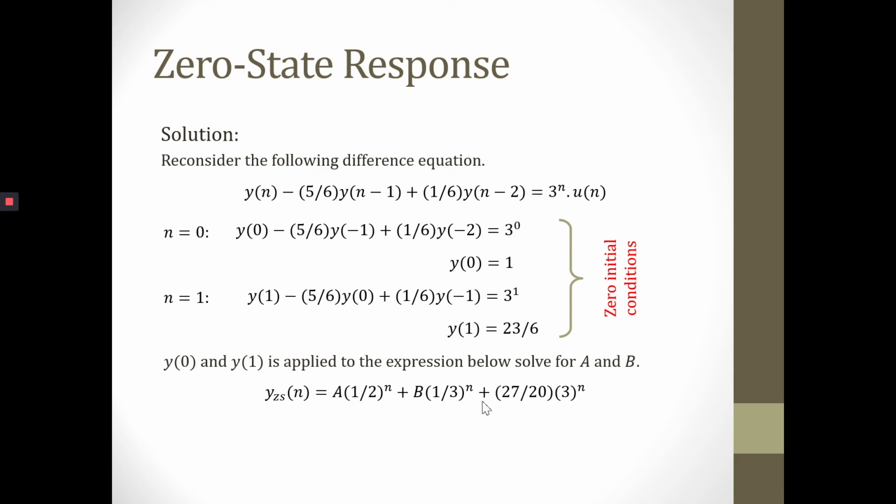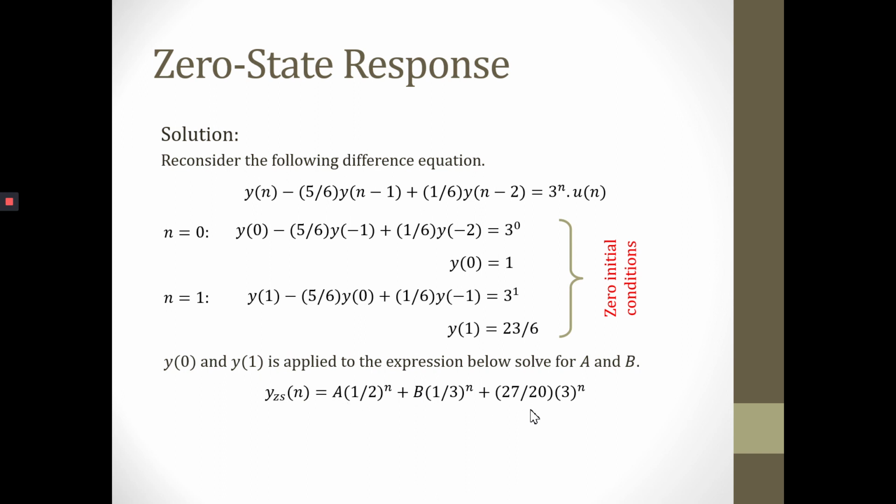We use this equation for n equal to 0: we plug in n equal to 0 and equate it with y(0), which is equal to 1. Then for the next one, we use y(1) equal to 23 over 6 for n equal to 1, so we plug in n equal to 1 in this equation. So we have the second equation.